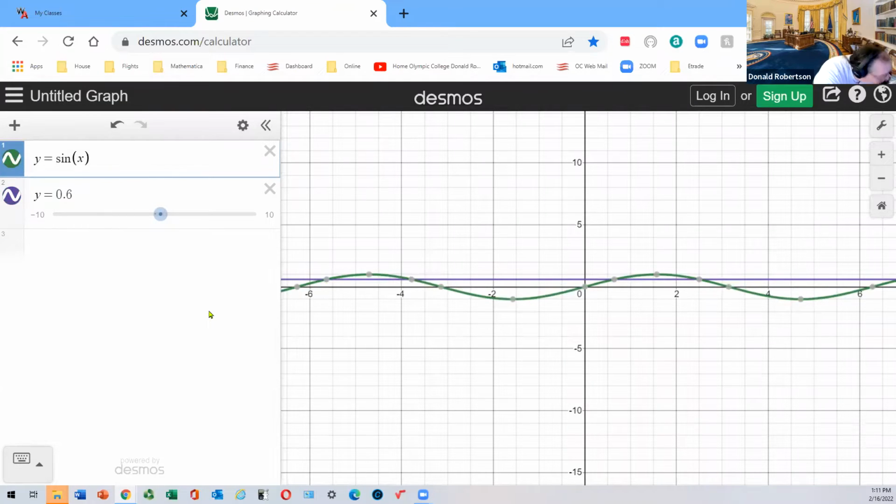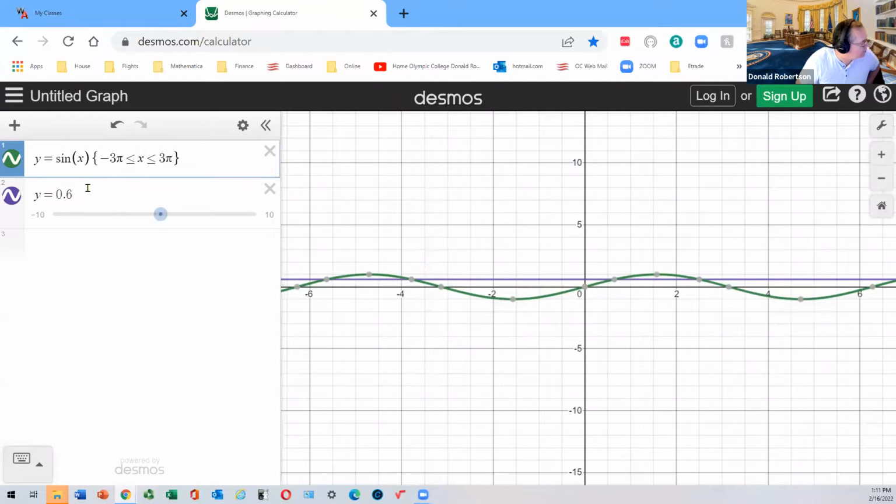I'm going to use what I call a curly bracket. The curly bracket is to the left of the enter button. I'm going to put -3 pi less than or equal to x, less than or equal to 3 pi. Put a little curly bracket.